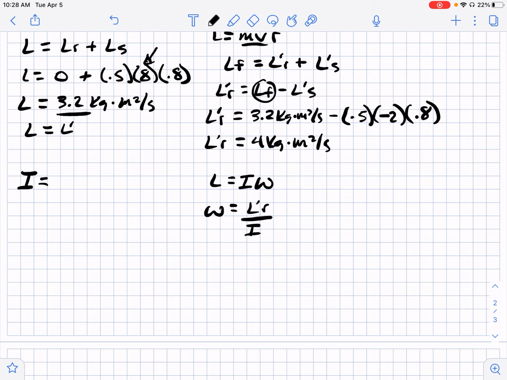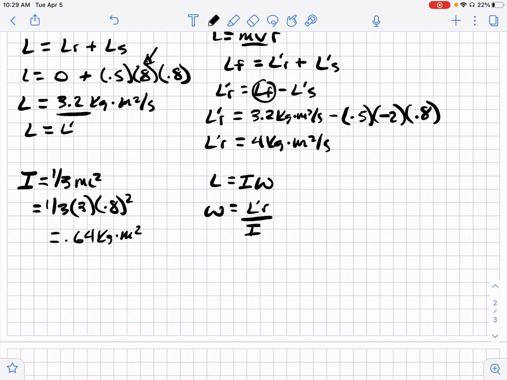So if you look at your list of equations, it would be 1/3 ml squared. So we can plug in our numbers. 1/3 times the mass, which is 3, times the length, which is 0.8, and then that's squared. So the rotational inertia of the rod is going to be 0.64 kilograms times meters squared.